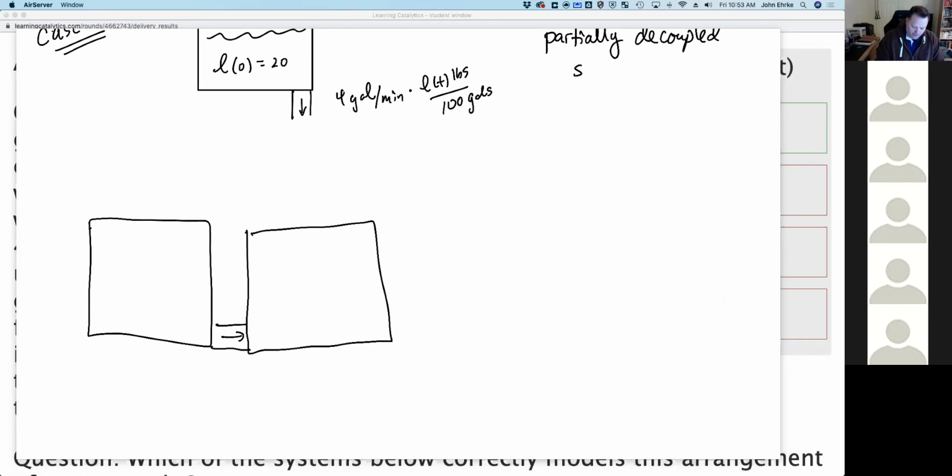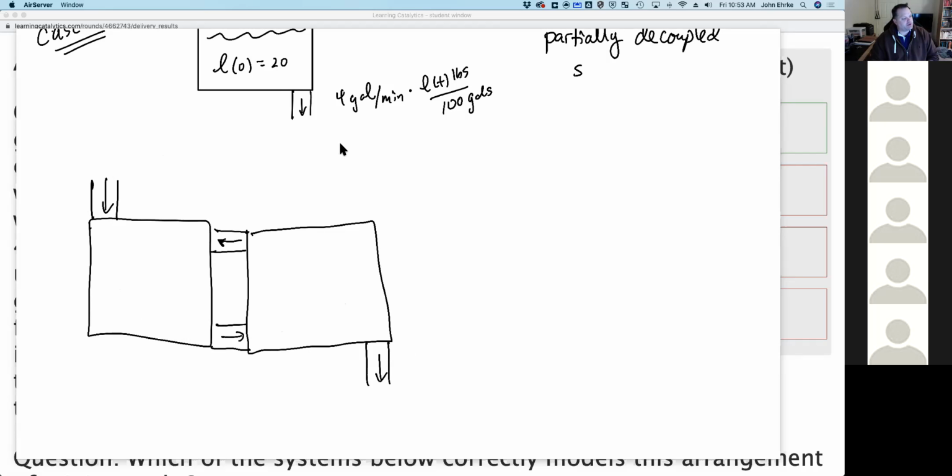So you've got flow into here, flow into here. Maybe you've got some flow that comes into this tank, and then maybe some flow that leaves over here. So whatever you have here circulates into here, but then it circulates back into here and vice versa. Some leaves, more comes in.